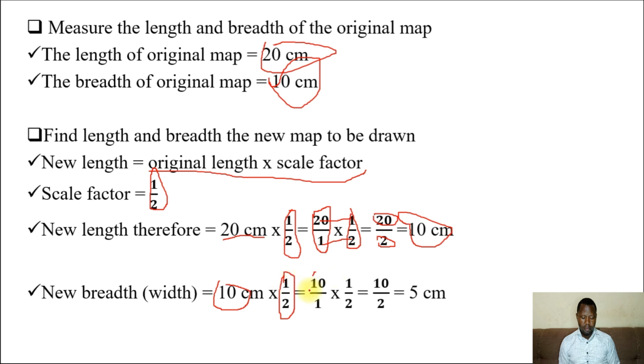So we have here 10/1 times the scale factor, which is 1/2. So multiplying 10 by 1, it gives us 10. And multiplying 1 by 2, it gives us 2. So dividing 10 by 2, it gives us 5 centimeters. So these 5 centimeters become our new breadth.